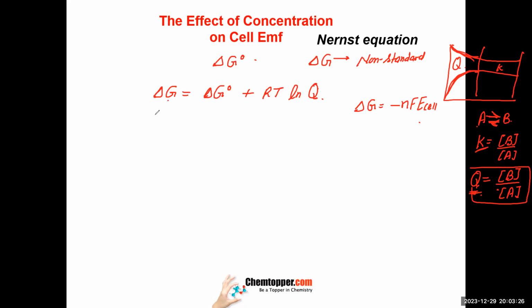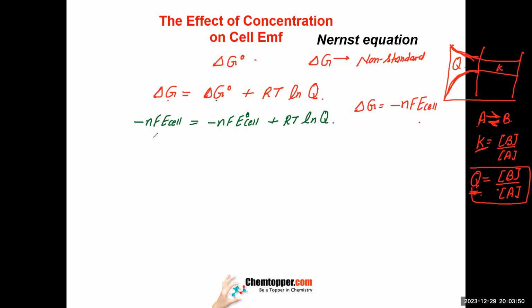Delta G, minus NF E cell. Delta G naught, minus NF E naught cell, which you can calculate by using reduction potential table. And plus RT ln Q.